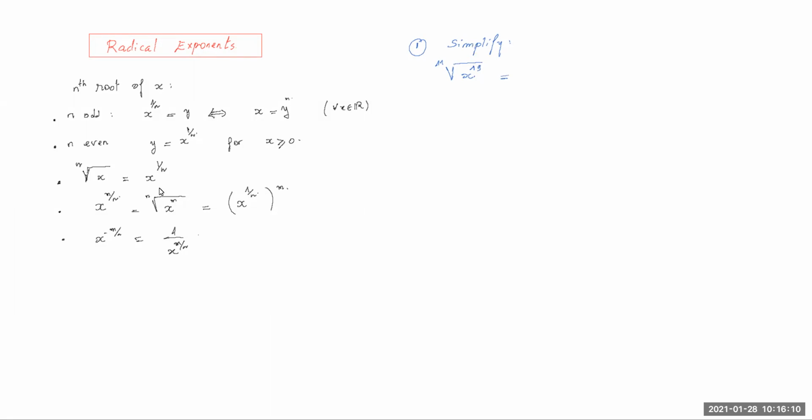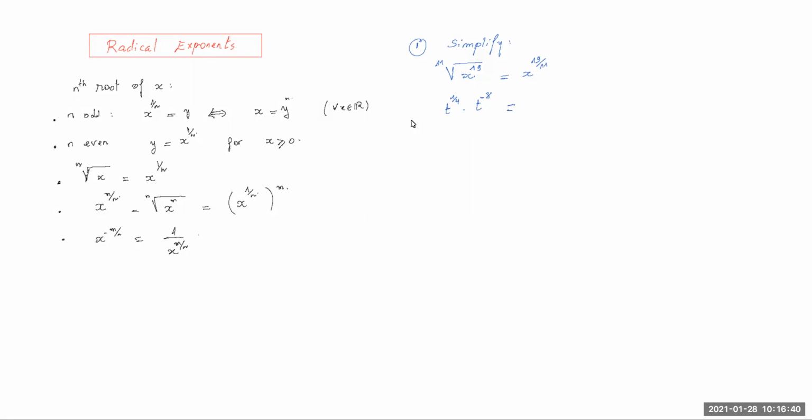By definition, I want to write it as a power only, so it will be x^(19/11). What if I'm given t^(1/4) times t^(-8)?